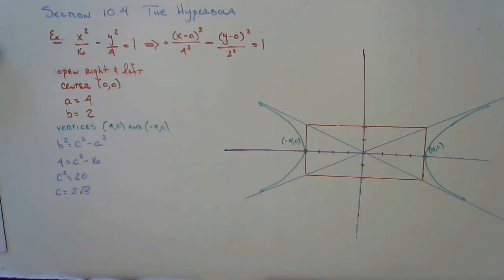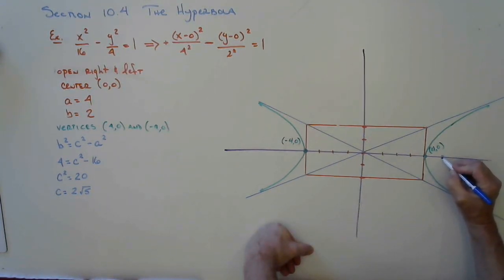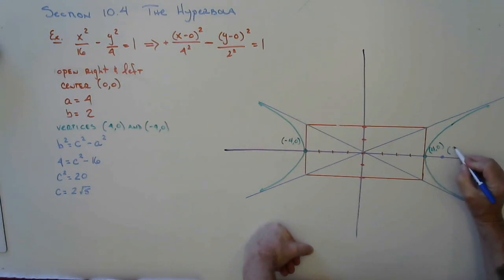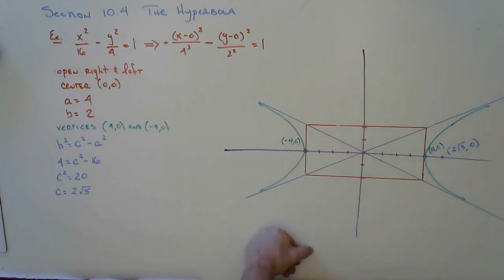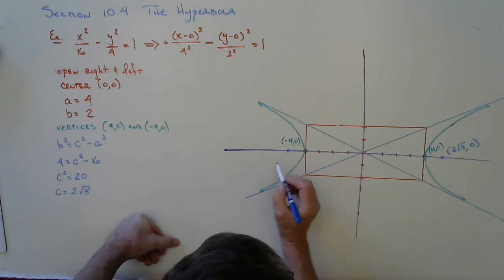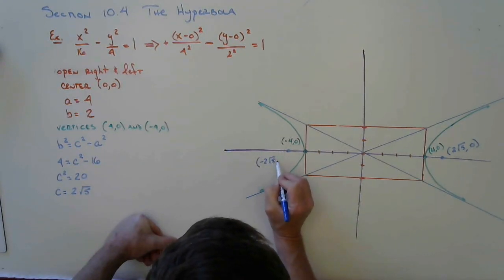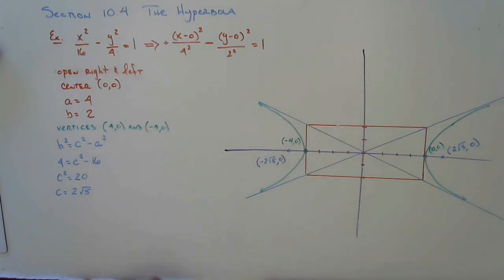So that tells me where to go for my focus. One focus is at this point right here, which we know now is 2 square root 5 comma 0. And the other focus is right here, which we know is negative 2 square root 5 comma 0.